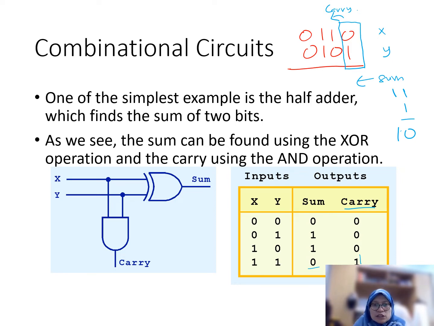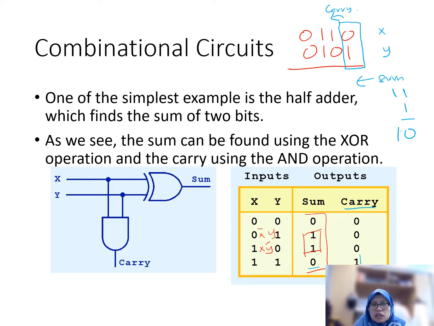Then the logic circuit can be derived or drawn using the same inputs, since they are using the same input x and y. For the sum, we can represent it using x bar y plus x y bar, which is the same as XOR.